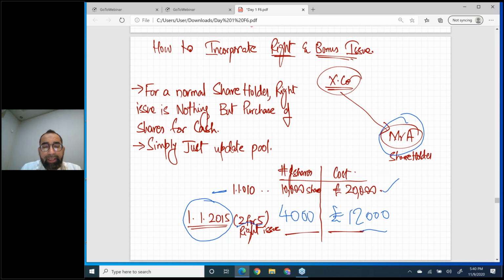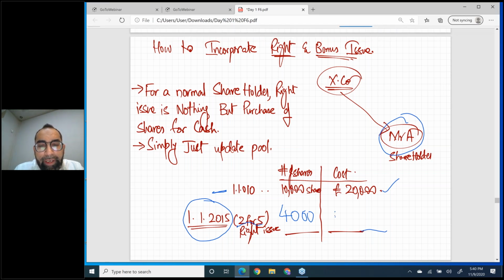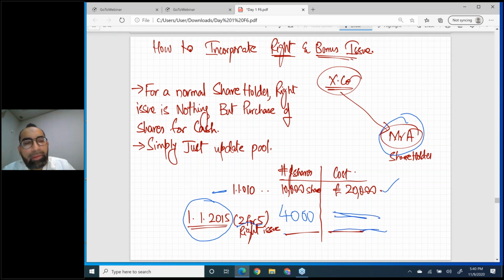So if it is written bonus issue, then look at the screen, you just have to update the number of shares column, and you write a dash in the cost column, because you're not paying anything for a bonus issue. So the slight difference: in a rights issue you will update both columns, and in a bonus issue you will be updating only the shares column.